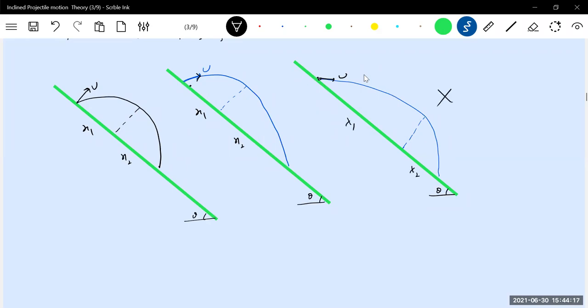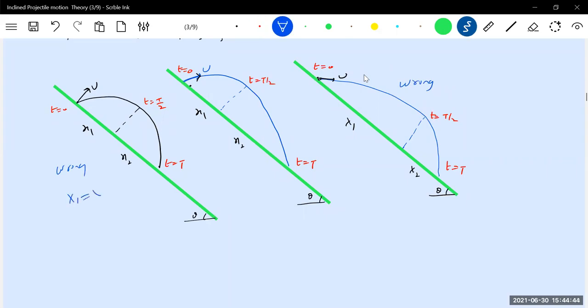Because what is the time of flight here? T equal to 0. So this will be wrong, no? I'll say this is wrong. This is also wrong. And here you are writing x1 equal to x2, showing it clearly.